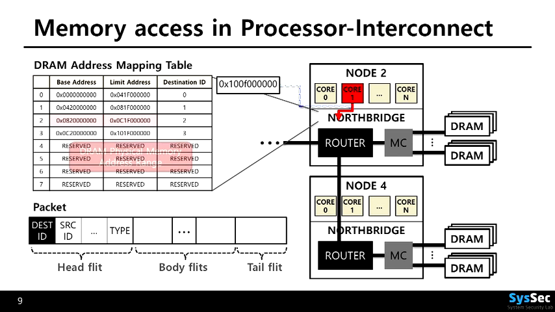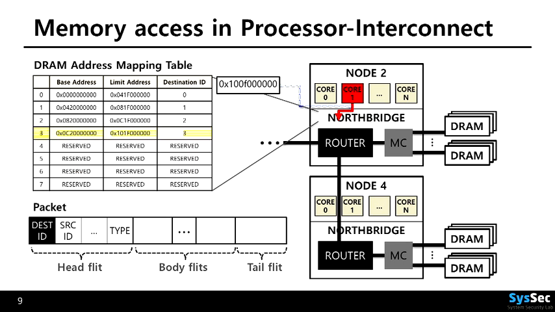In the table, each entry contains a DRAM address mapping range and the corresponding destination node. These are currently used entries, which means the system is a 4-way multi-socket server. And these are reserved for scalability, which means the system can be extended to an 8-way multi-socket server.